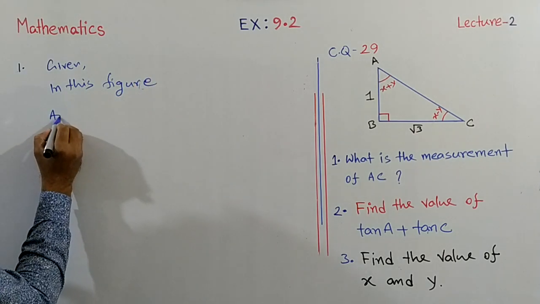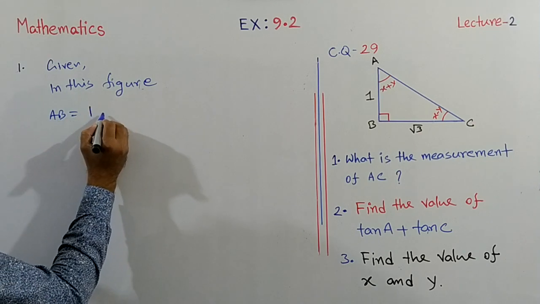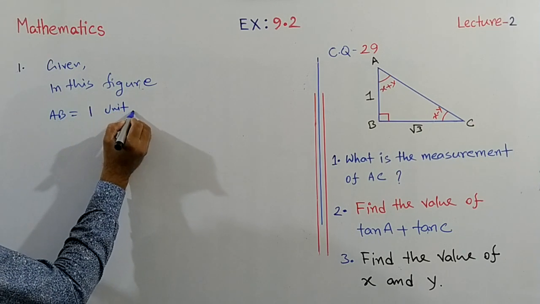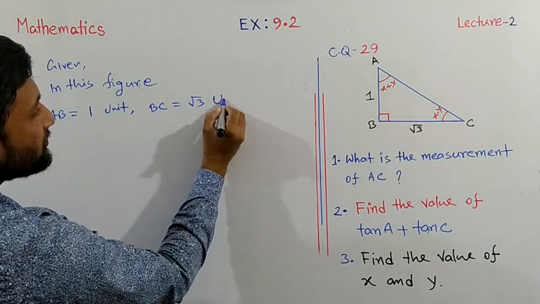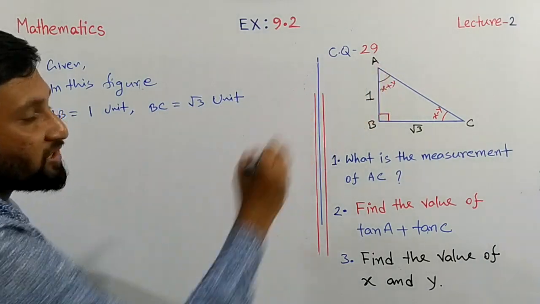AB equals 1 unit, BC equals root 3 unit. So ABC is a right angle triangle.